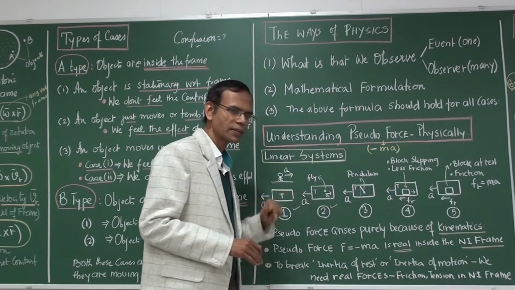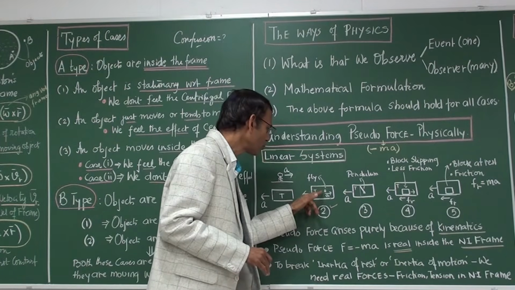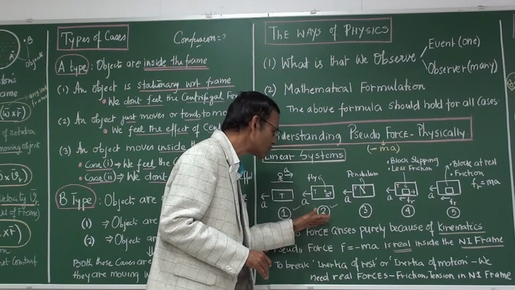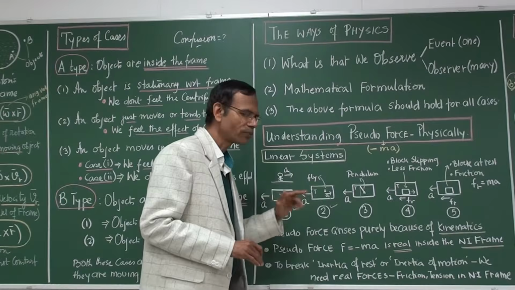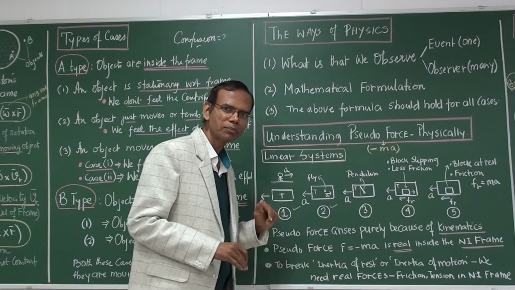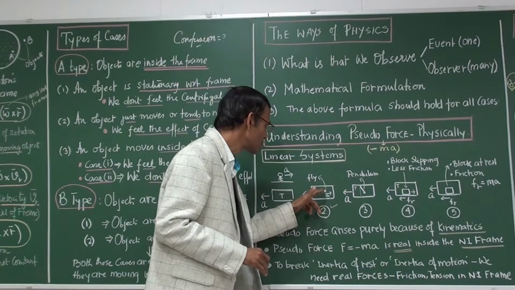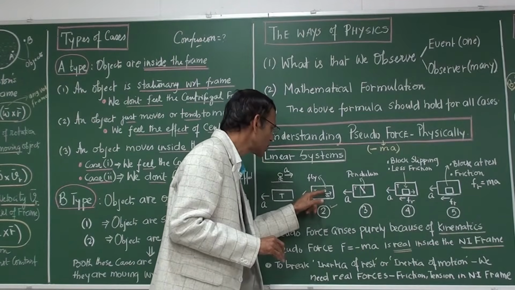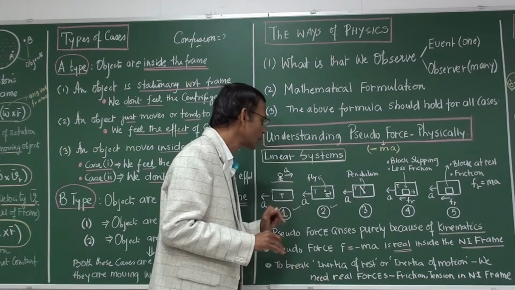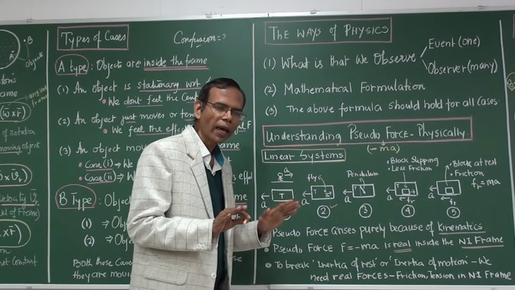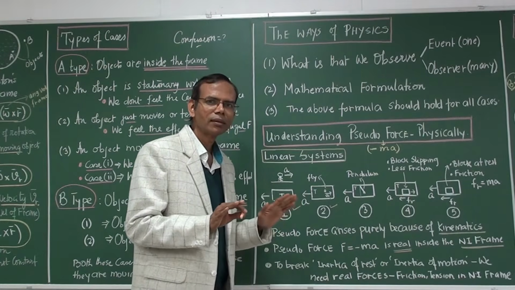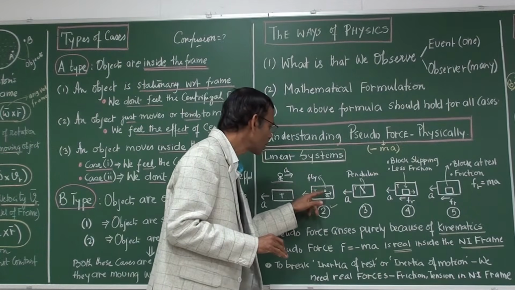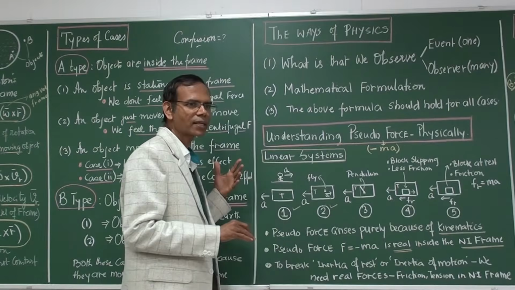Let us take the second case. Here, the fly. Now, what will an observer in the inertial frame observe? Suppose the train is at rest at that time. He will observe that this fly is at rest and it will maintain inertia of rest. And the train starts accelerating.